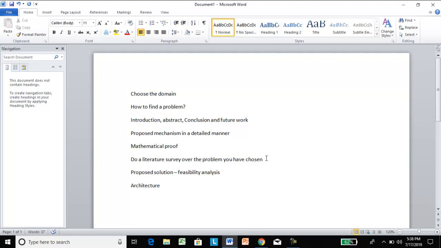Once the architecture is fixed, go for implementation. Once the implementation is over, you need to show the performance evaluation of your proposed system. The performance evaluation lies in the graph comparing it against the existing system.